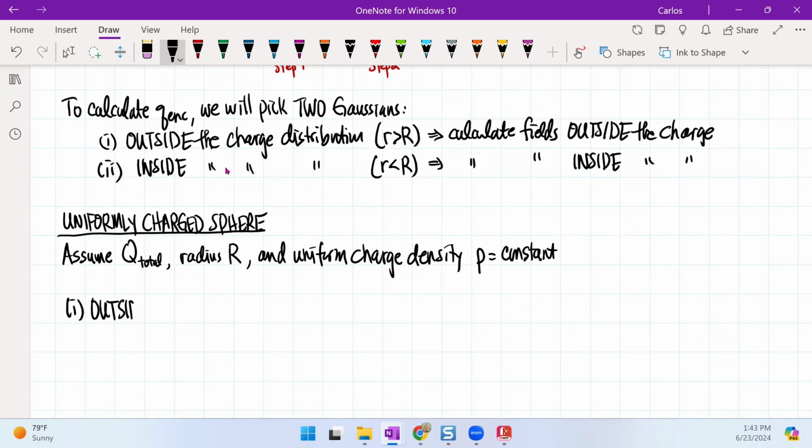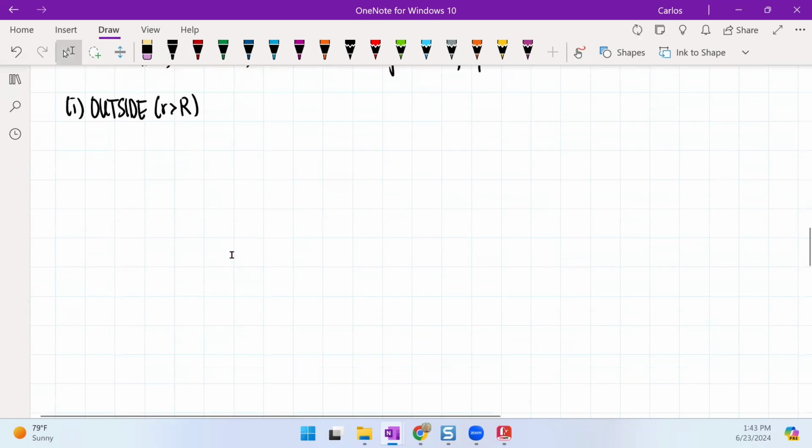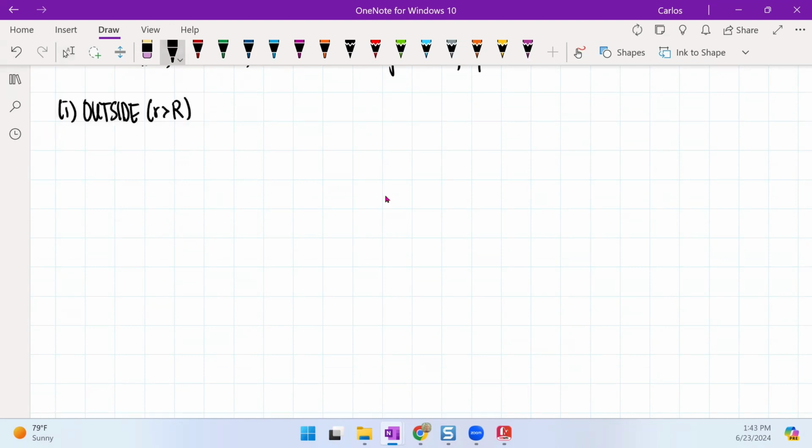Okay, let's start with outside. So we want to calculate the charge when the Gaussian is outside the sphere. In this situation, we find that the Gaussian encloses all of the charge.